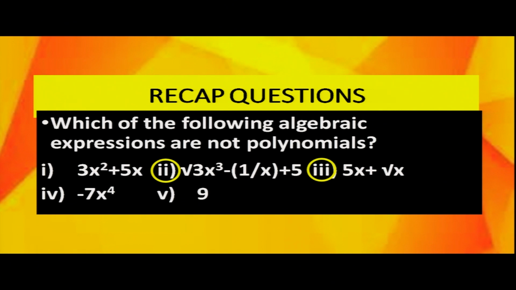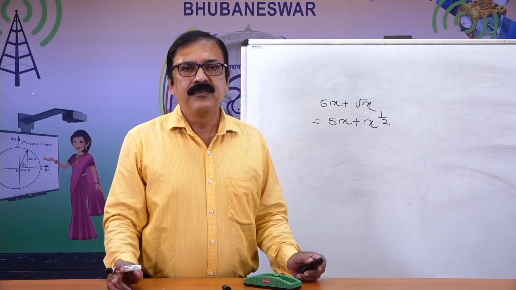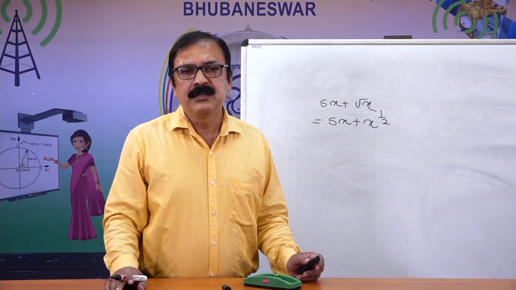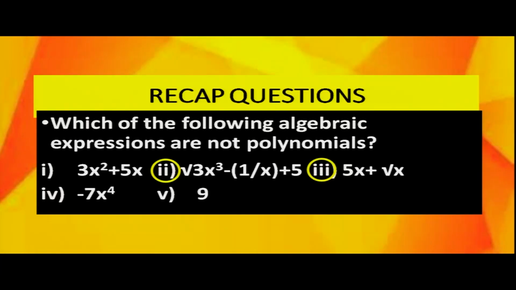Now see, minus 7 x to the power 4. Here the exponent is 4, which is a non-negative integer, so it is a polynomial. And 9 is a constant number and it is a polynomial of degree 0. So only the encircled expressions are not polynomials.